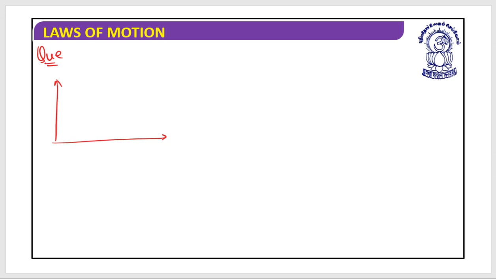Suppose a graph is given, and the graph is of force versus time, and the graph is looking like this. This is 0 seconds, this is 4 seconds, this is 8 seconds, this is 10. The force is in Newton and time is in seconds.